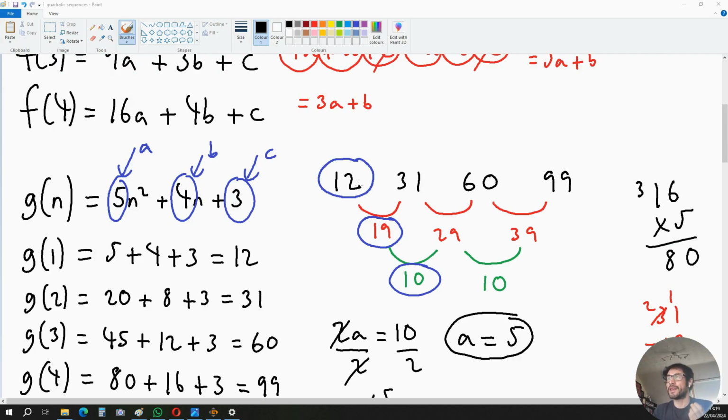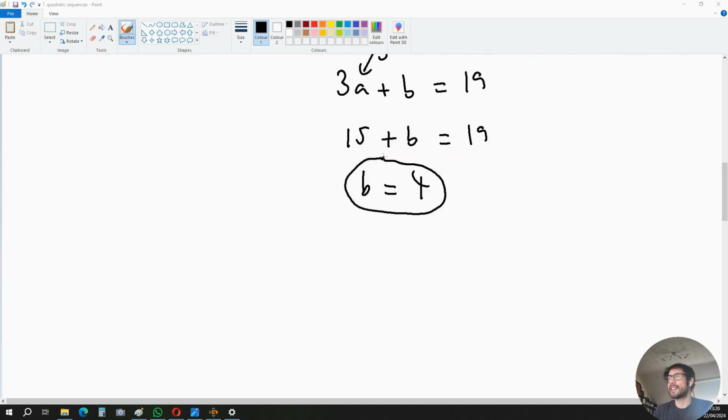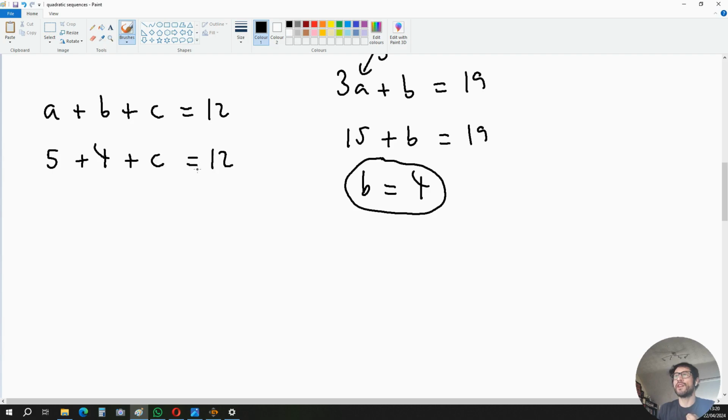Finally, the first term is 12, and that's equal to a plus b plus c. Okay, so let's write that down. a plus b plus c is equal to 12. However, a is equal to 5, and b is equal to 4. So we get 5 plus 4 plus c is equal to 12. And this is the same as 9 plus c is equal to 12.